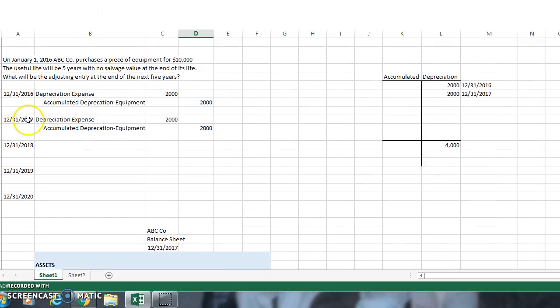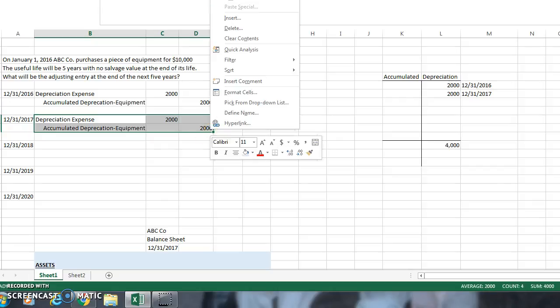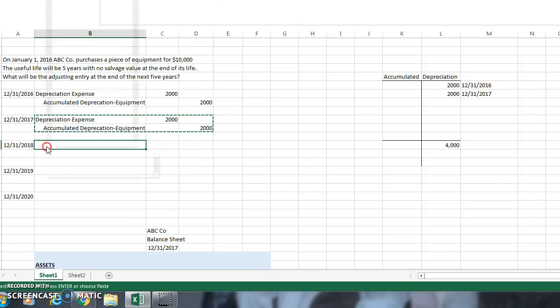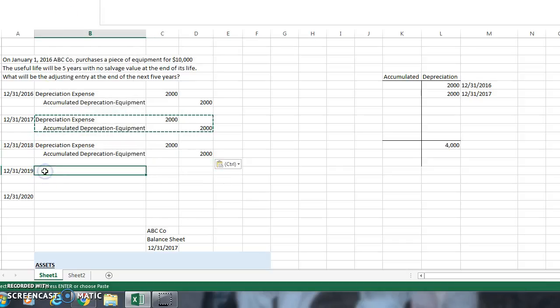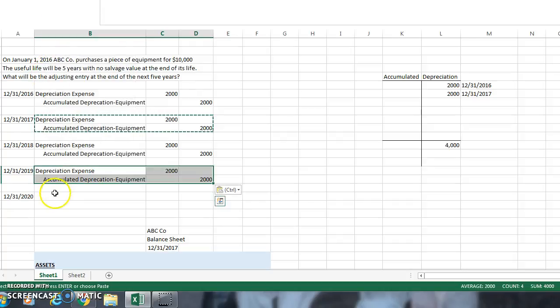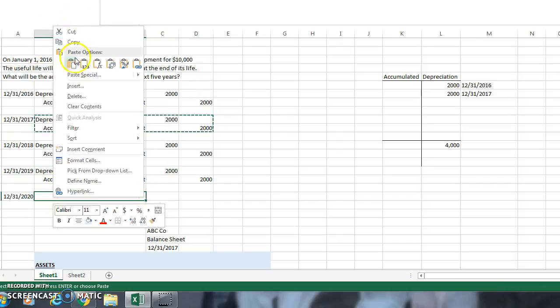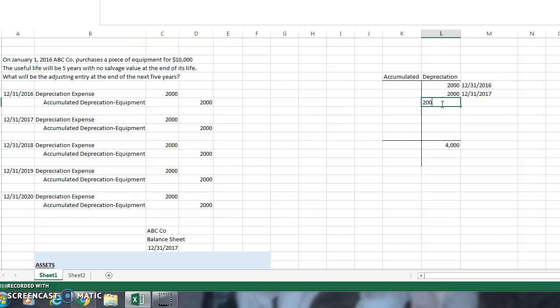Let's go up and finish the remaining. We will continue that for 5 years. So let's do the next 3 years. Okay. And there you go. Okay, so there's our accounts. By year 5, we have captured all 5 years of depreciation.